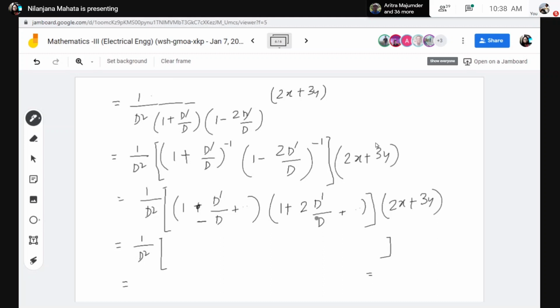That means after operating these two, we have to integrate twice. That is 1 by d square, right?